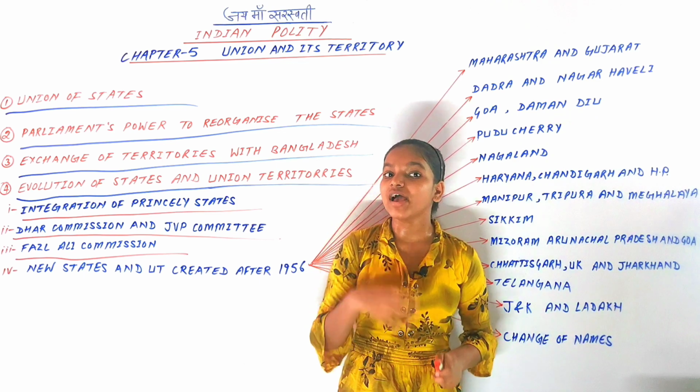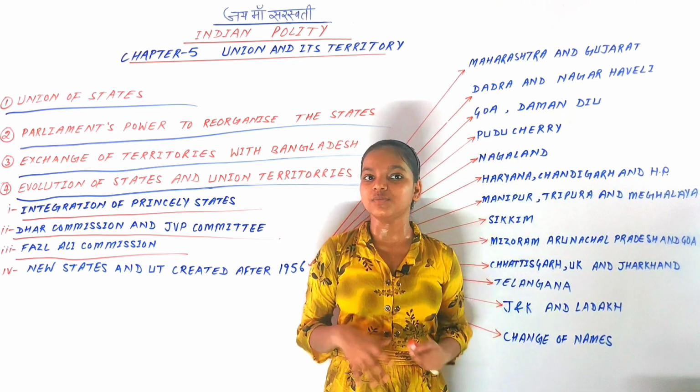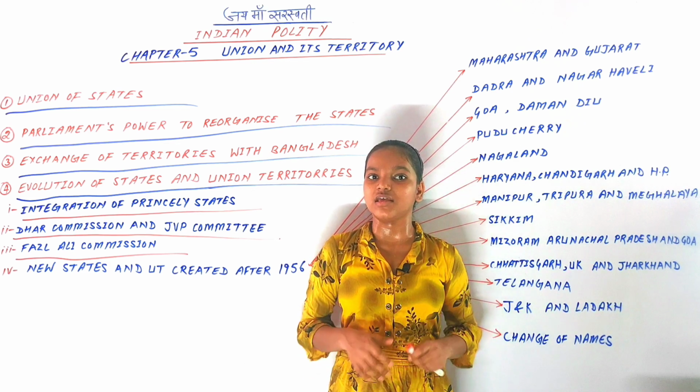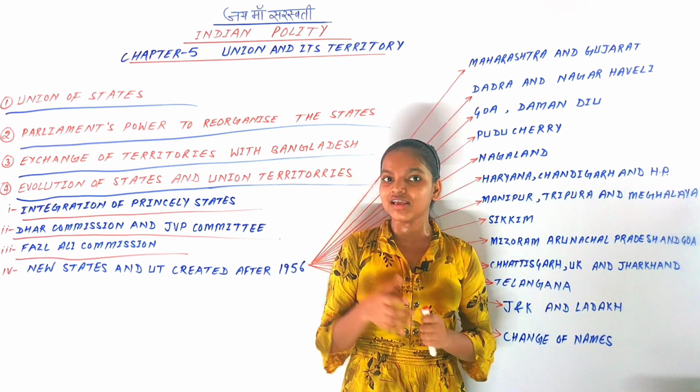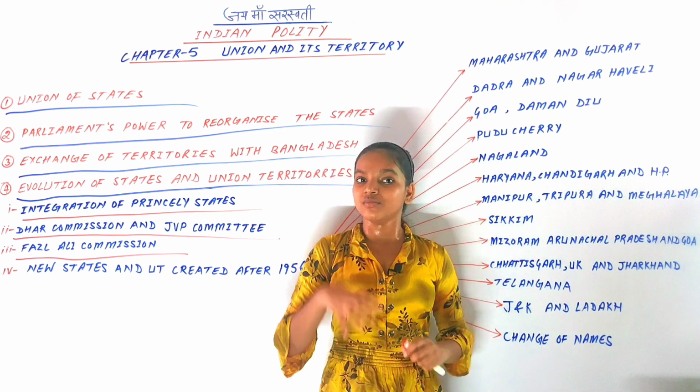So by the Reorganization Act of 1956 there was a major change in the political map of India. It created 14 states and 6 union territories by separating and uniting many territories.